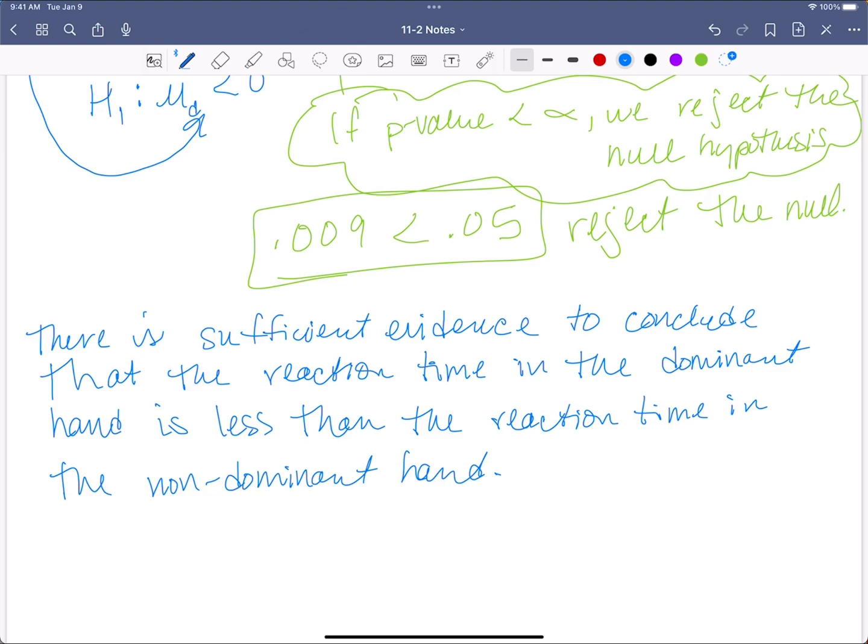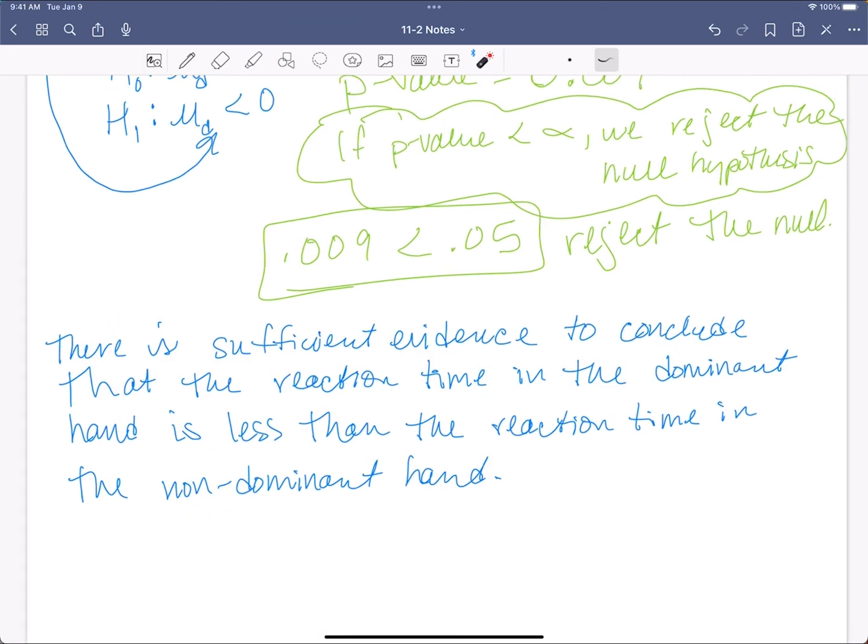Literally, are we doing the exact same thing we've been doing this whole time? Yup. There is sufficient evidence to conclude, and then you write out exactly what it is that we're talking about.